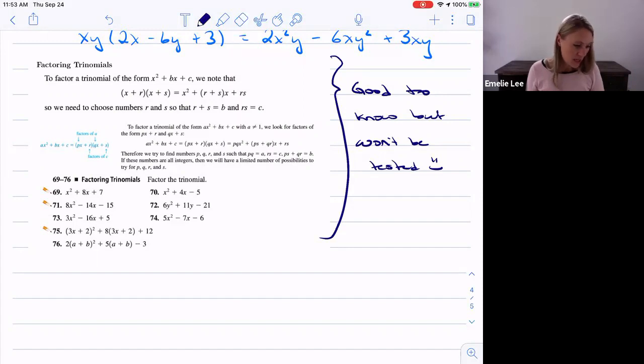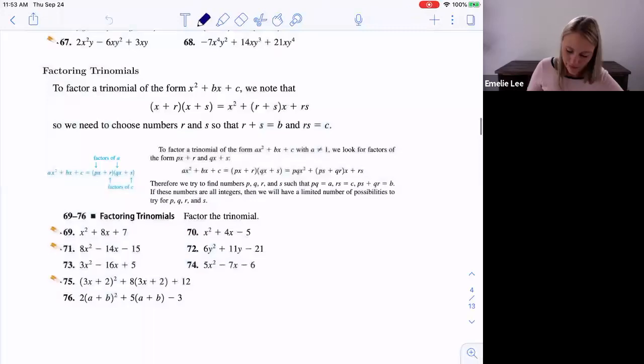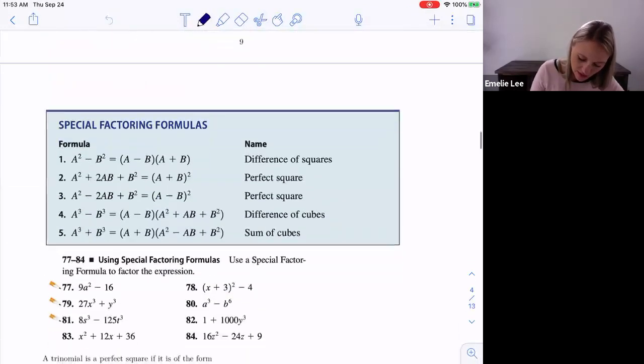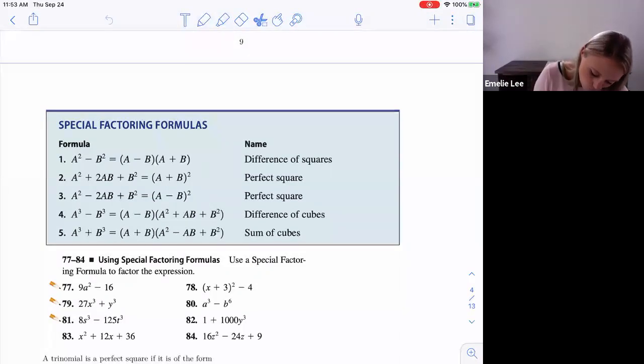So, let's talk about these special factoring formulas. And yes, they look exactly like the special product formulas, just reversed.